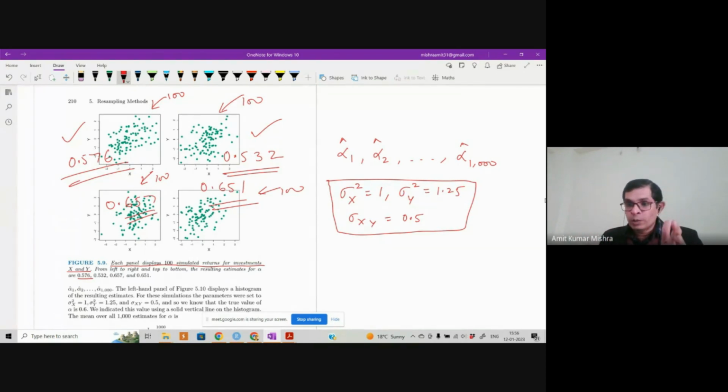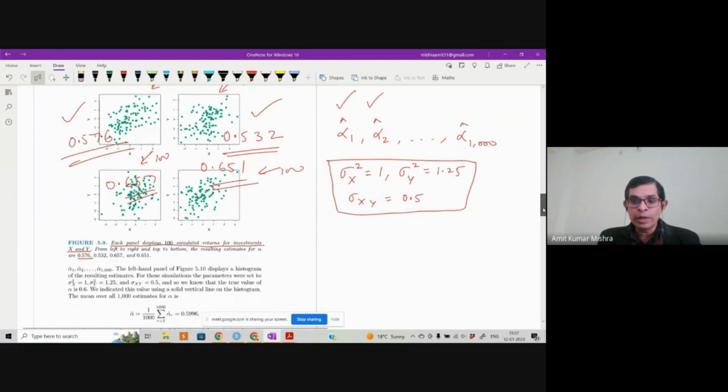So if you know the population, from that population you are generating 100 simulated data points, and for each set of 100 simulated data points, you are estimating alpha hat. So of course you will have 1000 estimates of alpha based upon simulated data.